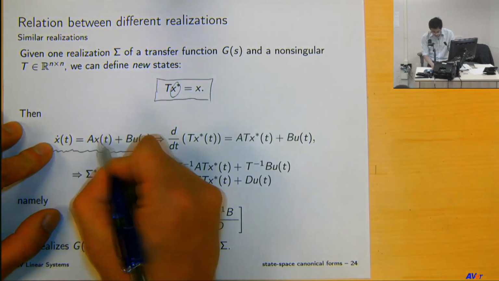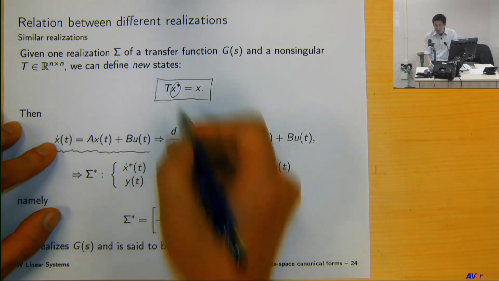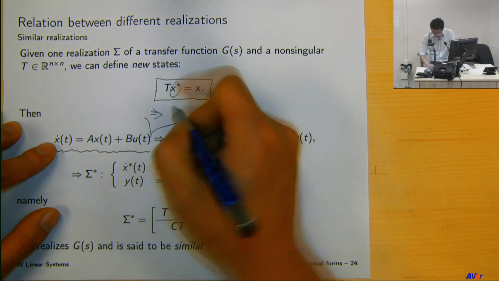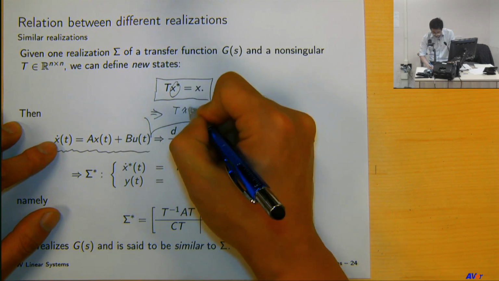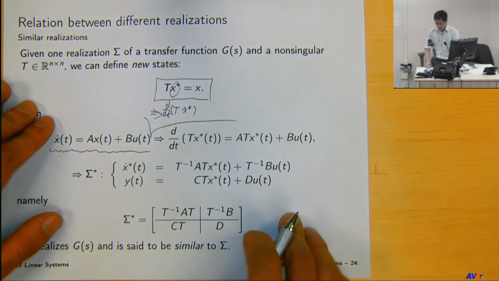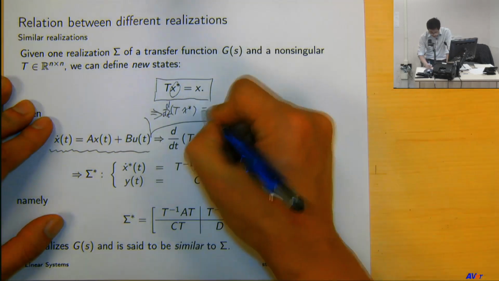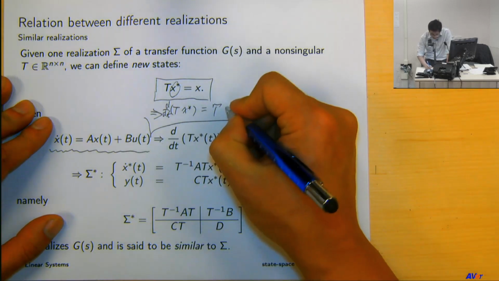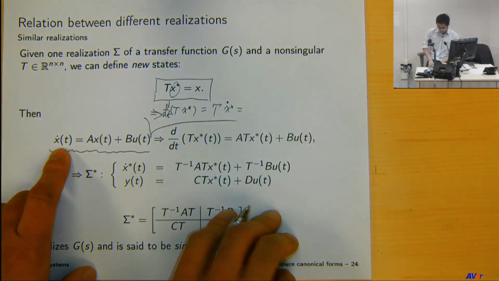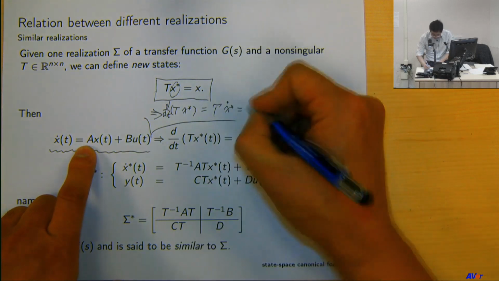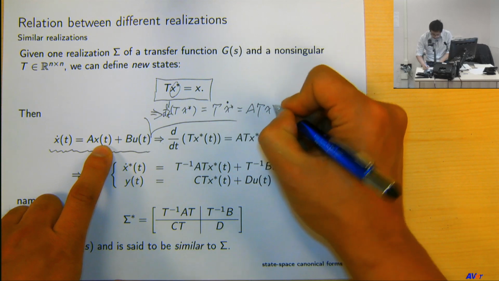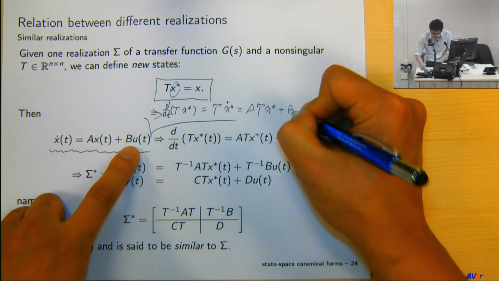x dot equals Ax plus Bu. That means we just plug in the definition here. So x dot is T times x star dot, taking the derivative. T is just a constant matrix. It doesn't depend on time, so you can take out T and obtain the derivative of this new state, x star dot, on the left-hand side. On the right-hand side, you have A times x, which is A times T times x star, plus B times u.